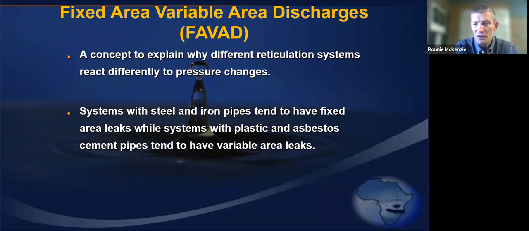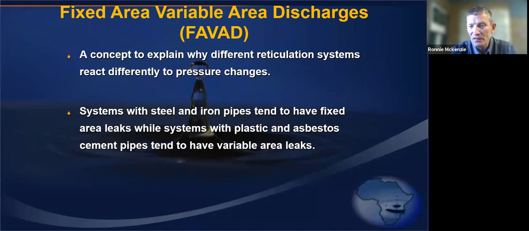If, however, you have a plastic pipe system, and in many cases also an asbestos cement pipe system, the leaks tend to come through cracks in the pipe or joints that open up as the pressure increases. So as the pressure increases, the area of the leak also increases. So you have a compounding effect there.